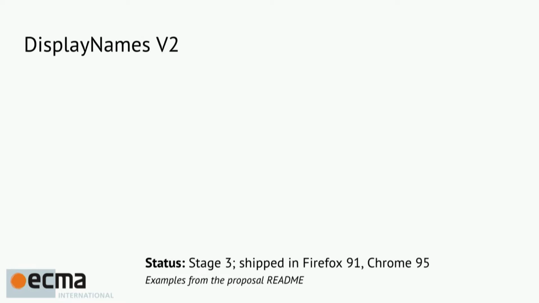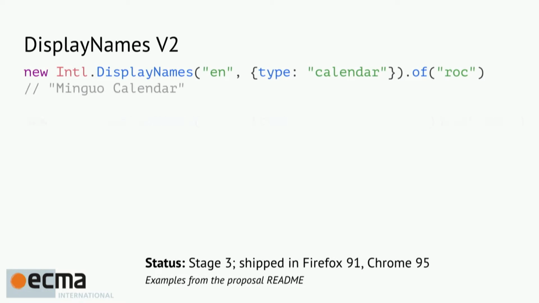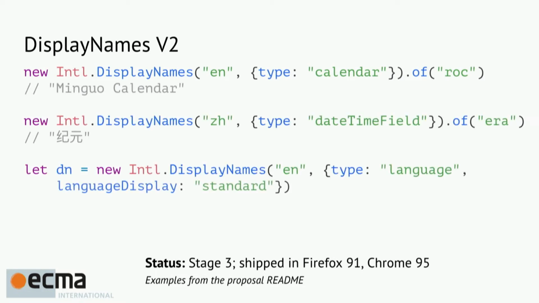The display names proposal adds the ability to get display names for more types of things, the calendars, date-time fields, and languages, among other things. This is what the display names proposal looks like. You can already use Intl.DisplayNames for language and script and region, but this adds it for additional types of entities.